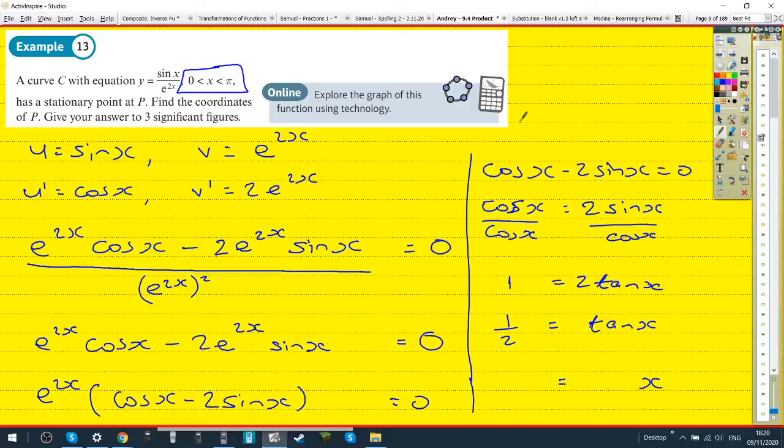Oh, I need to do arctan of a half. I didn't get a good number. 3 sig fig. So I got 0.464. Do we have an additional answer in the range?